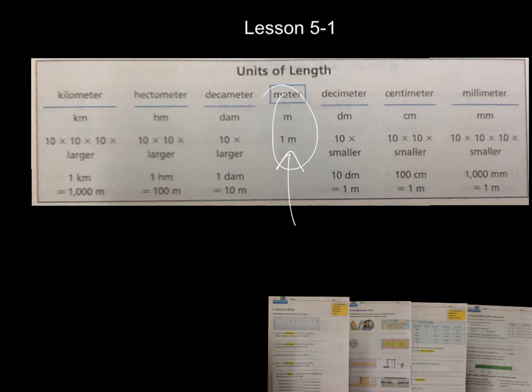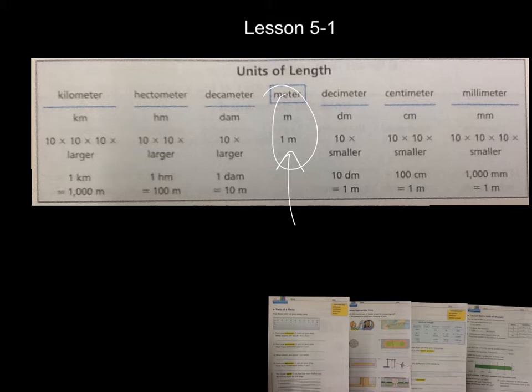You've seen the meter stick. Like a yardstick, it can be called a meter stick. They're not exactly the same, but it's the long stick. A meter is actually the biggest unit I can think of that we would have sitting in the classroom.